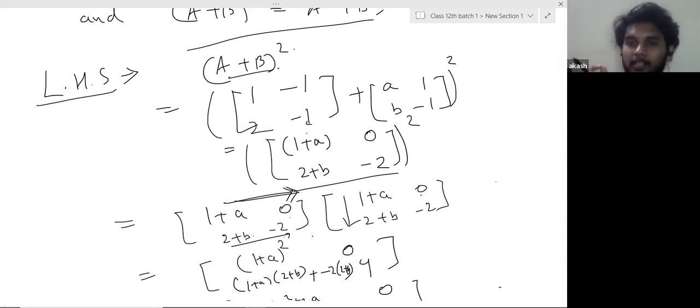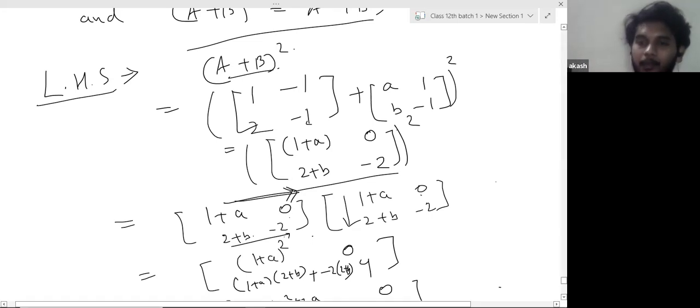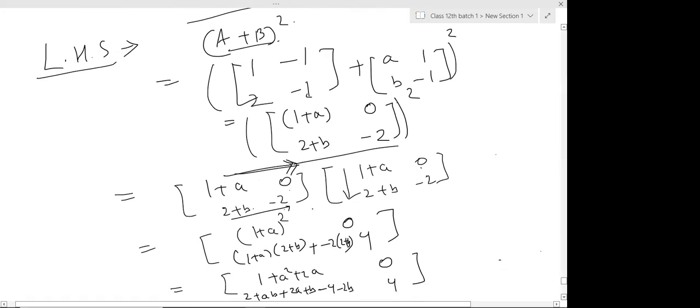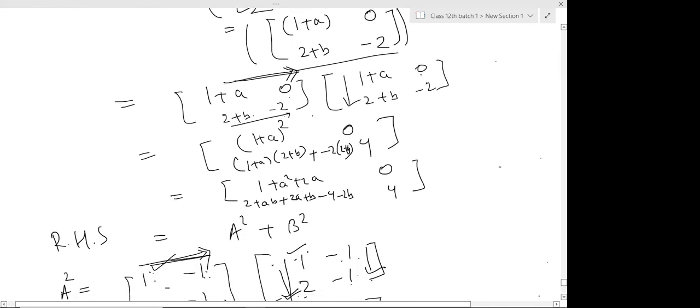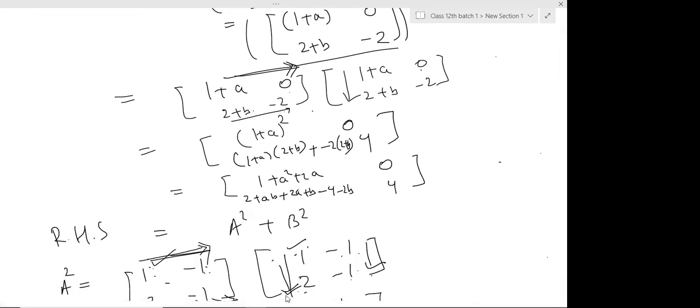So please be focused when doing matrix questions. Yeah, note it down, everyone.